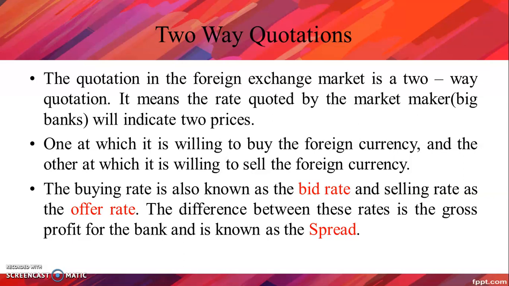In the given quotation, one rate is rupees 68.1525 per dollar and the other rate is rupees 68.1650 per dollar. It will be obvious that the quoting bank will be willing to buy dollars at rupees 68.1525 and sell dollars at rupees 68.1650. If $1 is bought and sold, the bank makes a gross profit of rupees 0.10125.